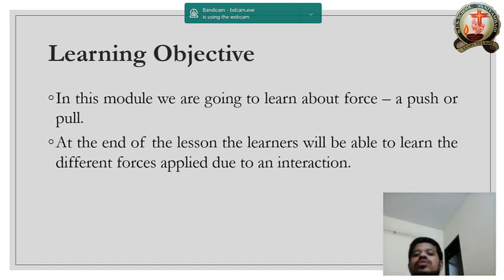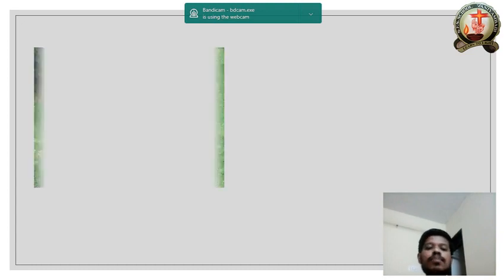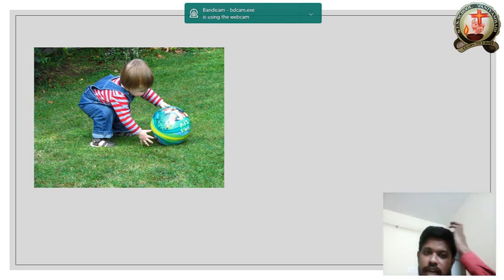During that action, we are going to learn what different types of forces are being applied in this class. Okay, so children, just listen carefully and observe the different phenomena.